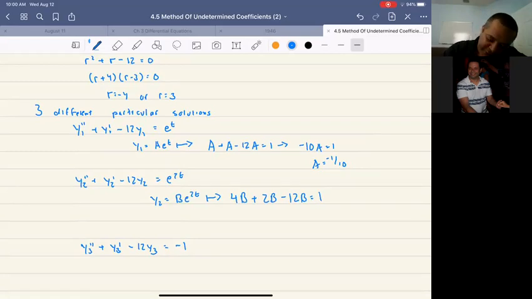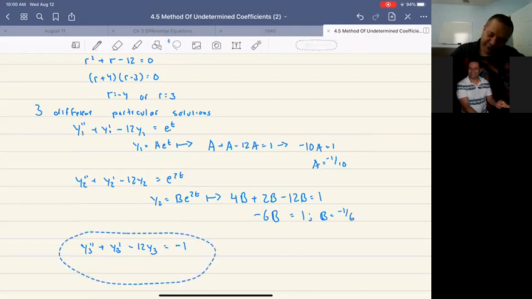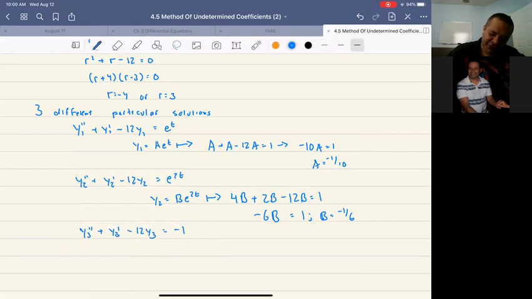So that's going to be negative 6b equals 1, so b equals negative 1/6. Okay, and this one's easier. This one you're just going to say y3 is going to have to equal some constant. So our constant's going to end up being 1 over 12.